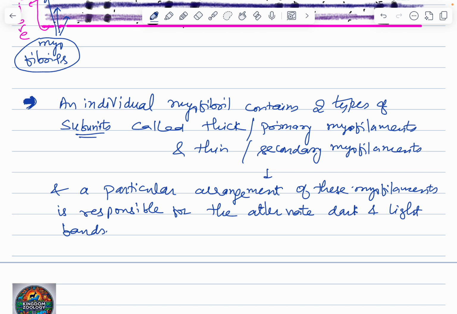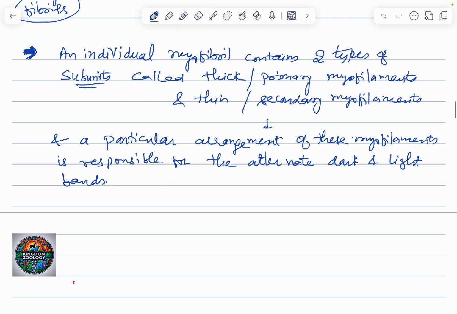This is where we will understand the reason why dark and light bands are there on the myofibrils, which are visible on the entire cell or the muscle fiber also.